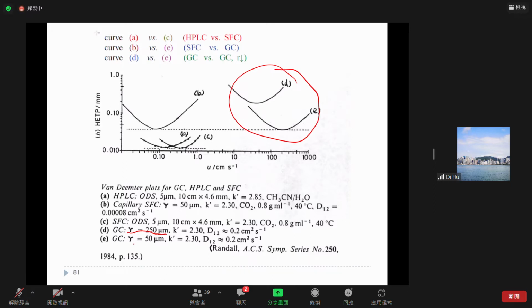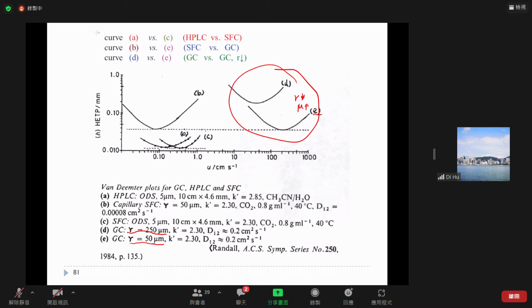And then the E has a smaller radius, which means it has a smaller cross section. If it has the same flow rate, this one will have a faster mu, right? So when the radius decreases, the mu increases.